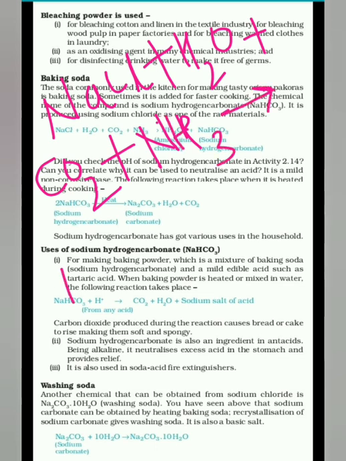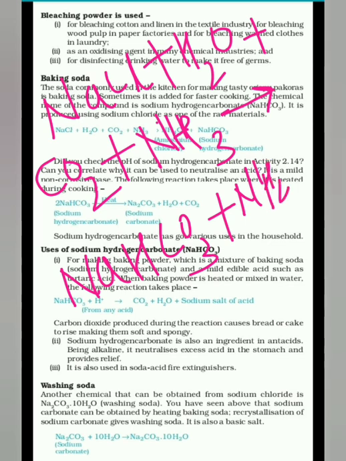Then we obtain NaHCO3, that is sodium hydrogen carbonate. With that one more product we will obtain, that is ammonium chloride NH4Cl. So this is the preparation of baking soda, that is sodium hydrogen carbonate or sodium bicarbonate.